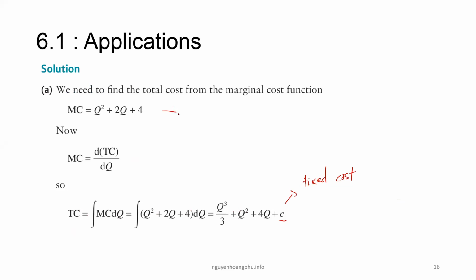So from here, total cost is equal to fixed cost plus the integration of MC dq, okay?